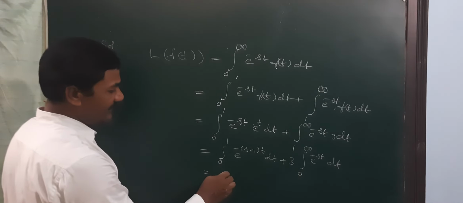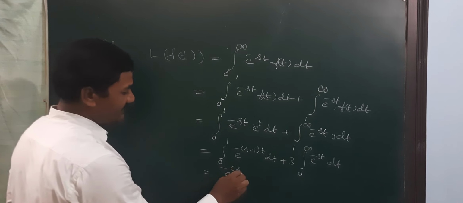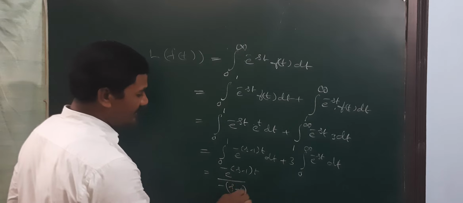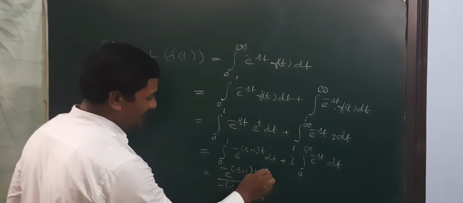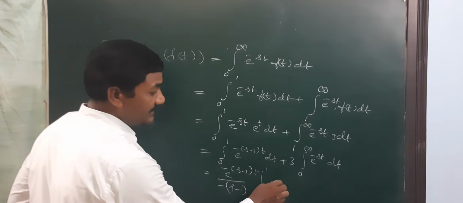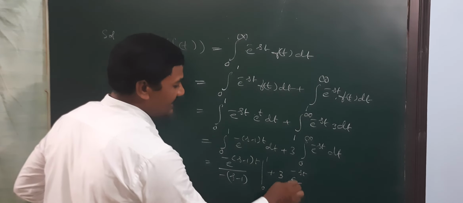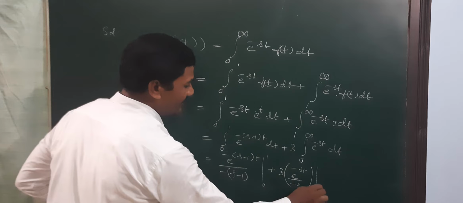The integration gives e power minus of s minus 1 t by minus of s minus 1, with limits 0 to 1, plus 3 times e power minus st by minus s, with limits 1 to infinity.